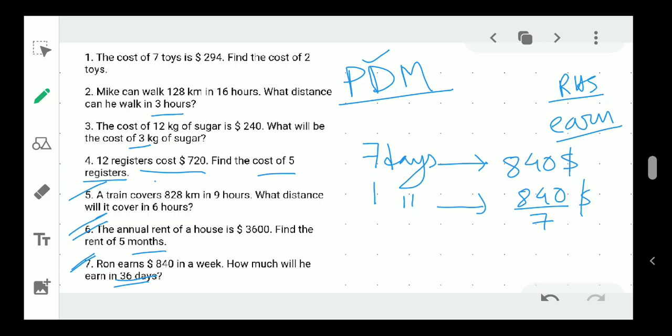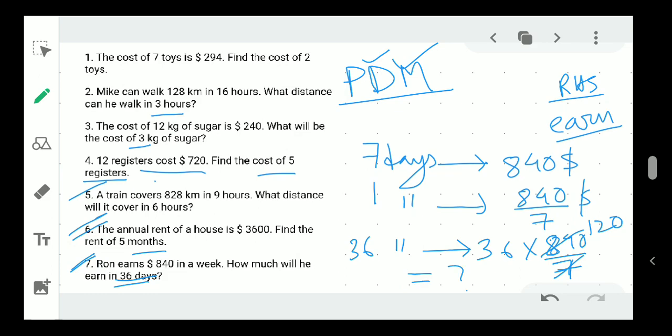So now 36 days will give him, now multiplication, so 36 into whatever you have gotten before for 1 day, that is this. So now you have to just multiply this, whatever you have got. So this is the way you have to do this kind of maths.